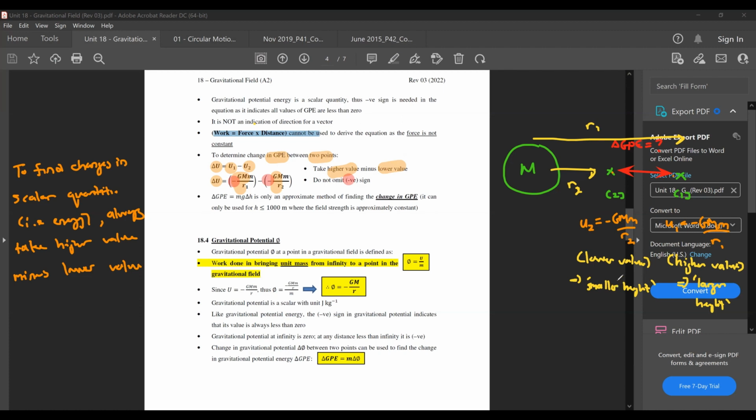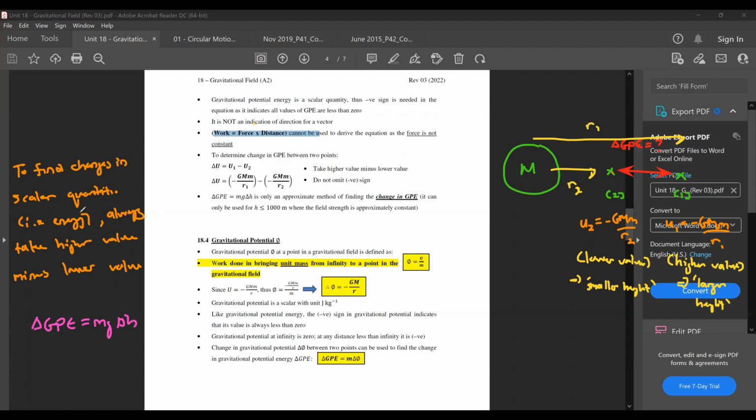So this is one thing to note. To find change in GPE, just use this. Now you may be wondering also, last time in AS, we found change in GPE between 2 points by using the equation mg delta h, right?